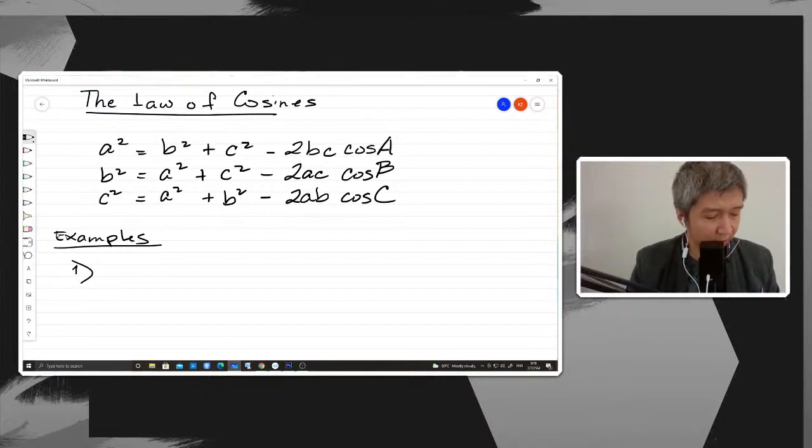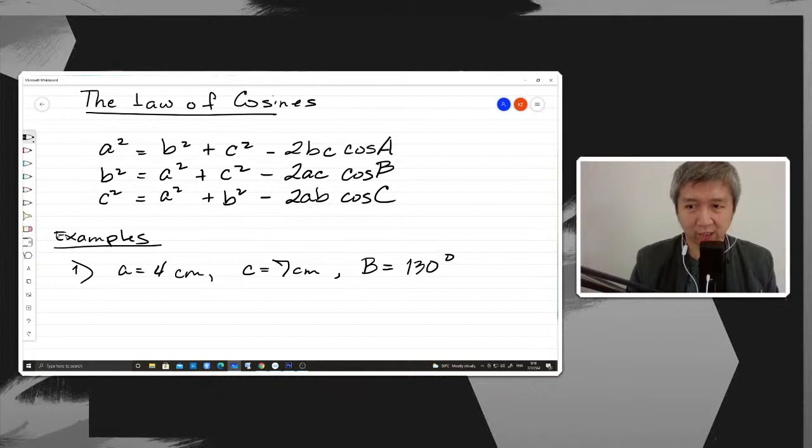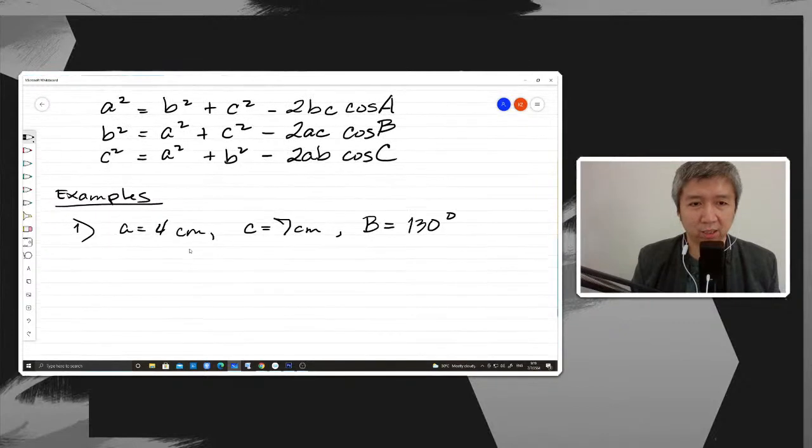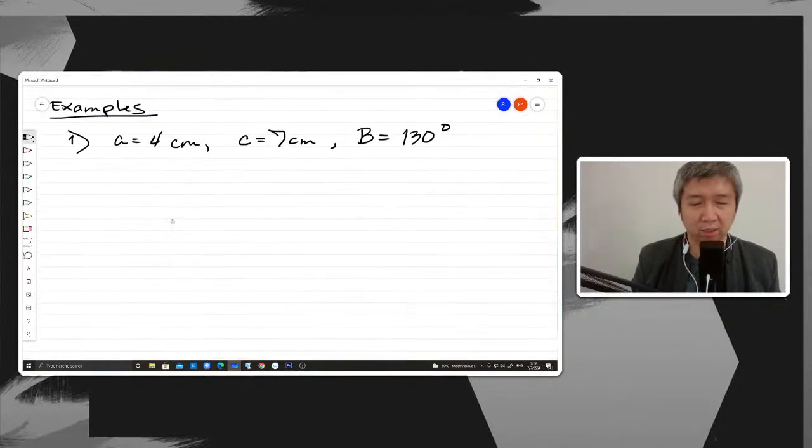Given that a is equal to 4 centimeters, c is equal to 7 centimeters, and angle B is 130 degrees. Let us complete the sides and the angles.